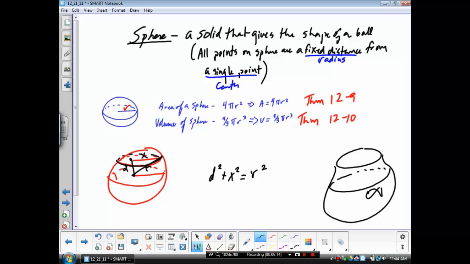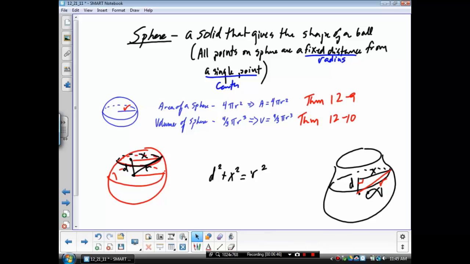We might be interested in what is the radius of this surface. Well, if we know where the center of the sphere is, and we know the distance that that water is from the center of the sphere, then we can use this formula right here, knowing the radius of the sphere, to find the surface area of the water.